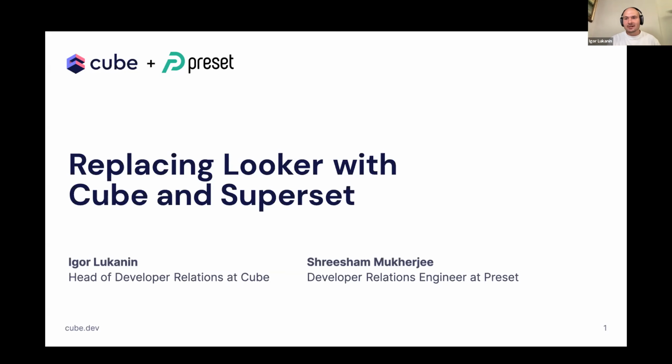Then we'll tell you about the tools that we're building, Cube and Superset, and then we'll tell all about how they work together and why any data team would enjoy using them together. And then we'll have the demo part where we'll show you, very hands-on, how Cube can be set up, how Superset can be set up to work with Cube, and how beautiful visualizations can be created, so you can really get some sense, get the insights from the data you're working with.